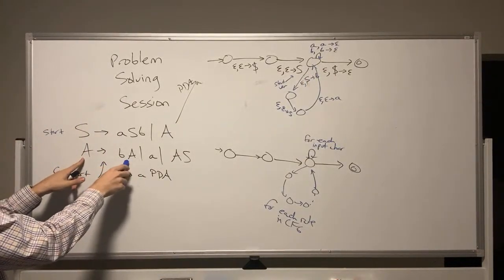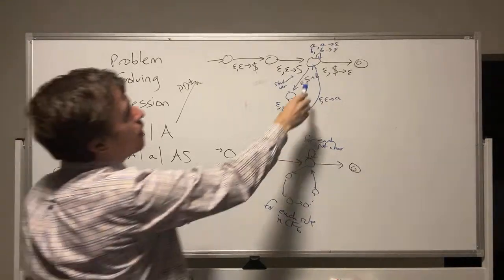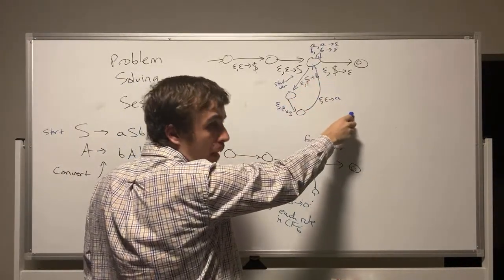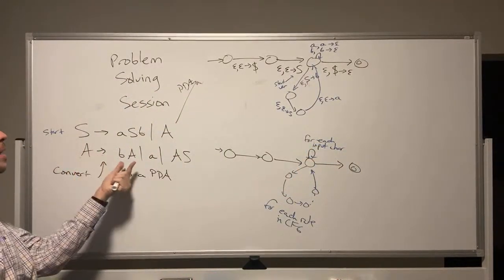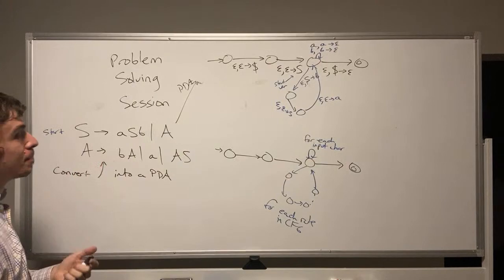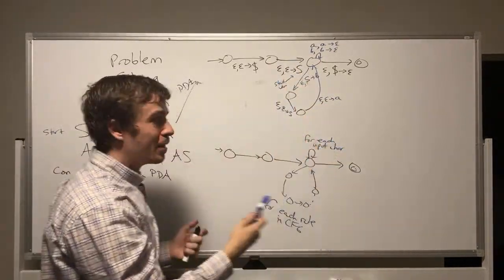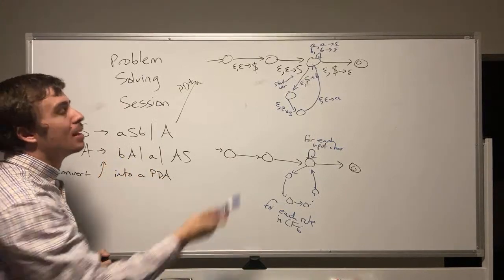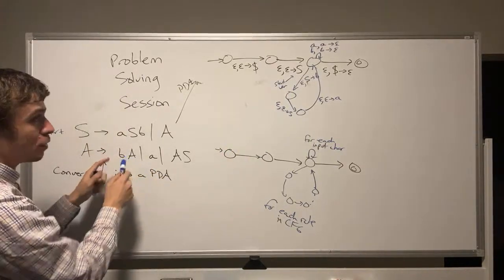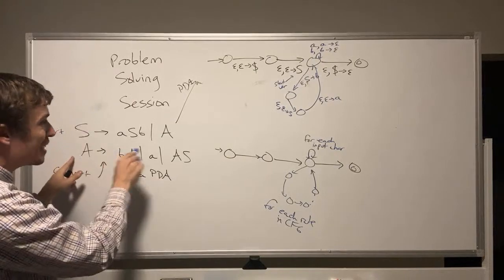Say like for this one, A goes to BA, then we would have a transition that comes out, popping the A, which is the variable on the left side, and then we would push the right-hand side. So we would immediately push the A back on, and then push the B on, and that would handle this rule. And you would do the exact same thing.